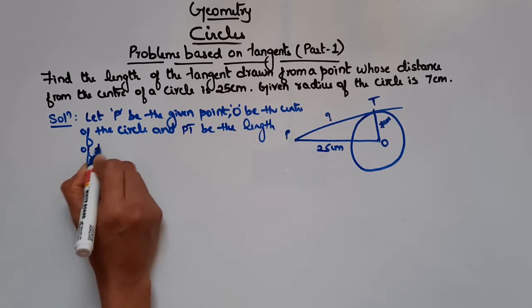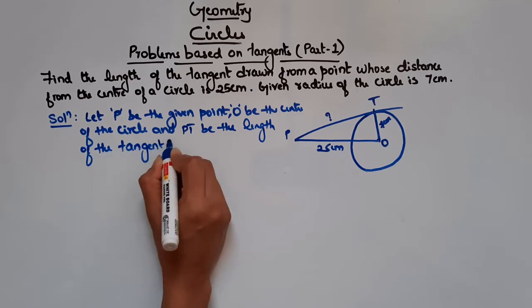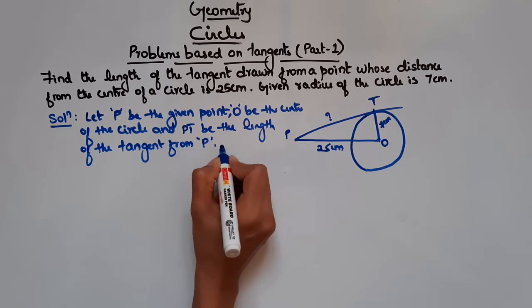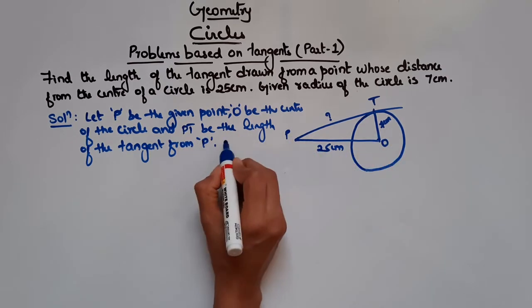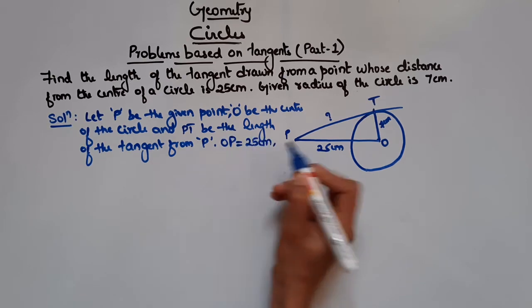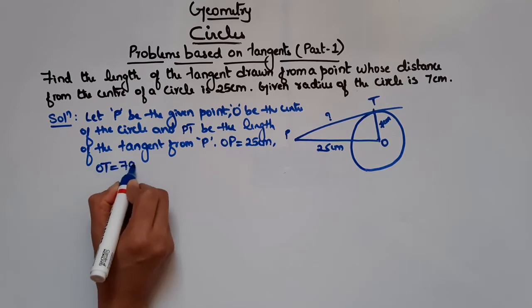Length of the tangent from P. Then we have OP is equal to 25 centimeter. This is given, and we know OT is equal to 7 centimeter.